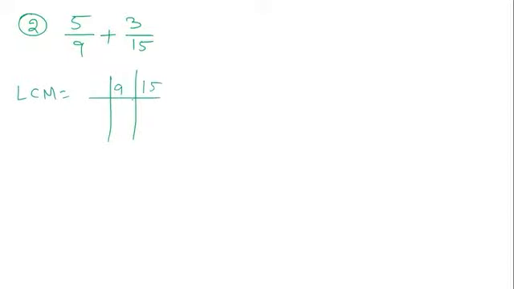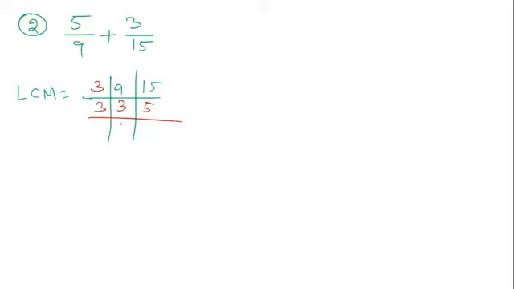9 and 15 are present in the table of 3. So I start dividing these two numbers. I start dividing by 3 because these two numbers are present in the table of 3. 3 3s are 9, 3 5s are 15.